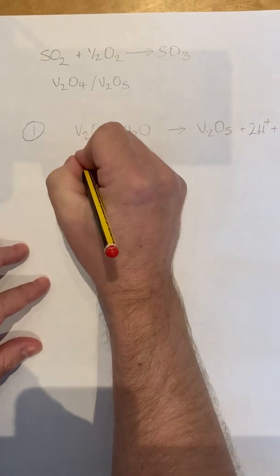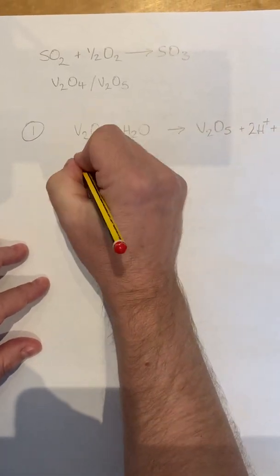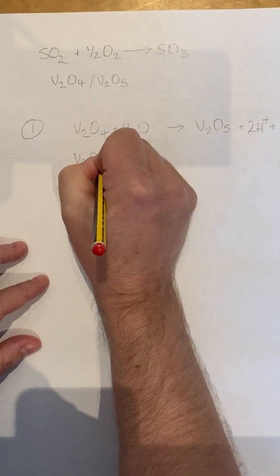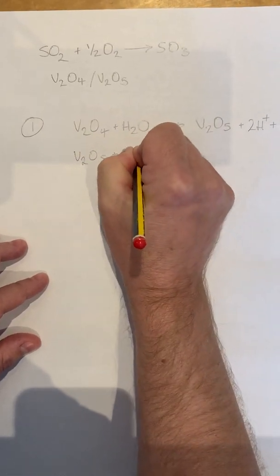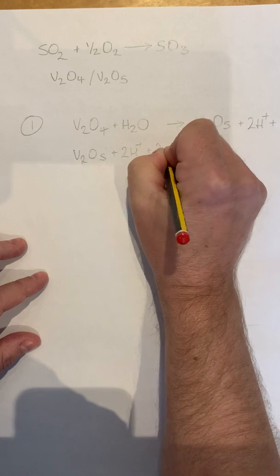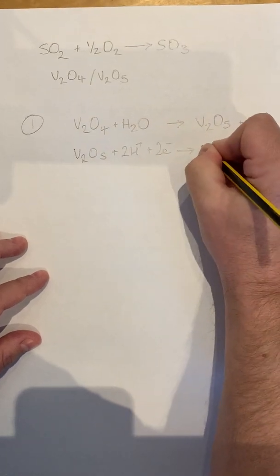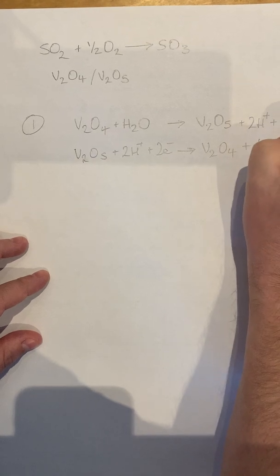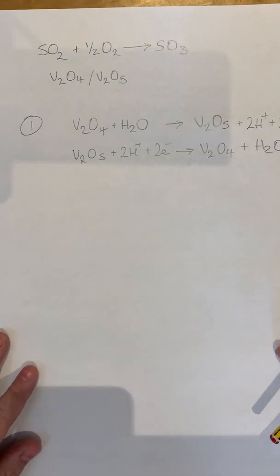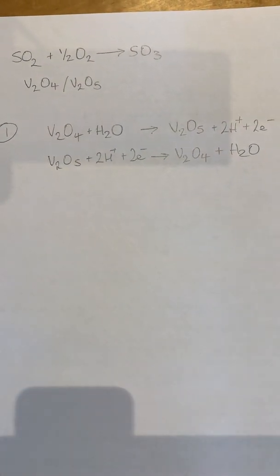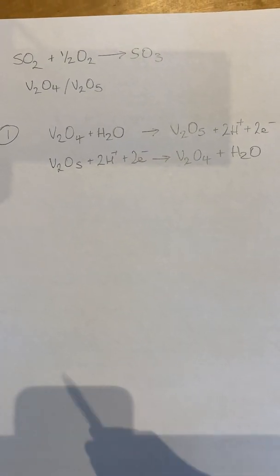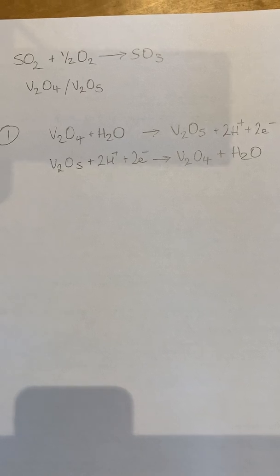And then to convert the V2O5 back into V2O4, it's just going to be the exact opposite. Okay, so those are our redox reactions for the conversion of the catalysts from one form to the other.